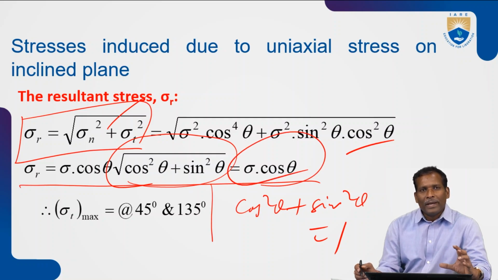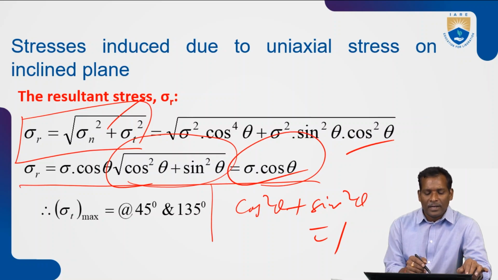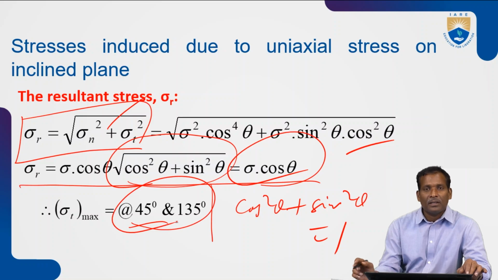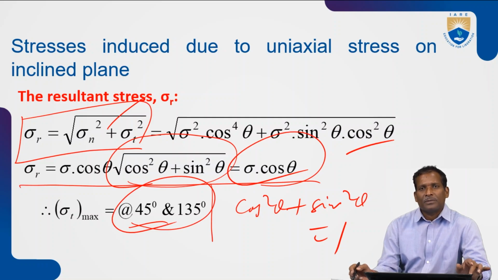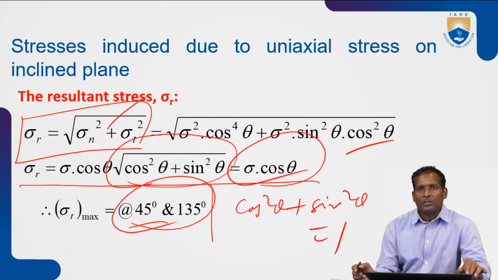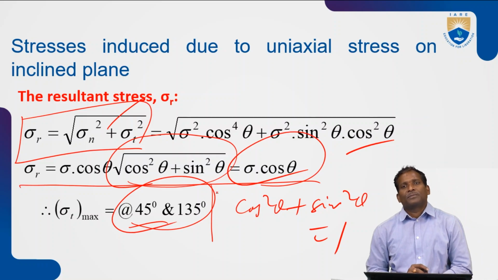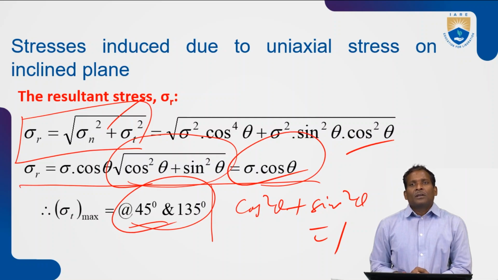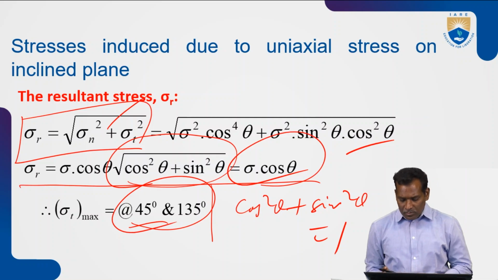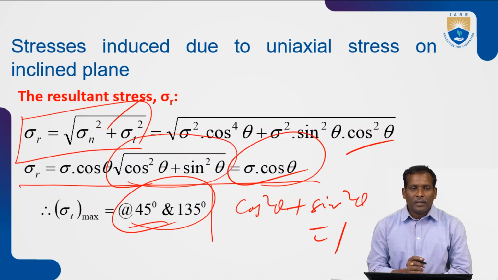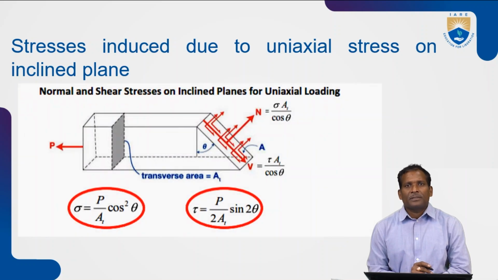Therefore, the maximum tangential stress occurs at 45 degrees and 135 degrees. The maximum stress: cos 45 is 1 by root 2, and similarly it occurs at 135. Clear? So here we calculated the tangential stress.